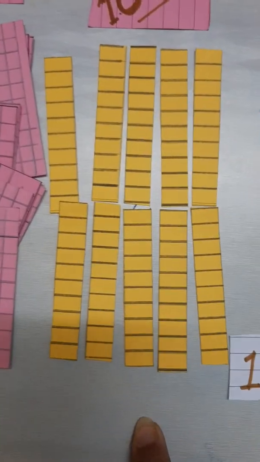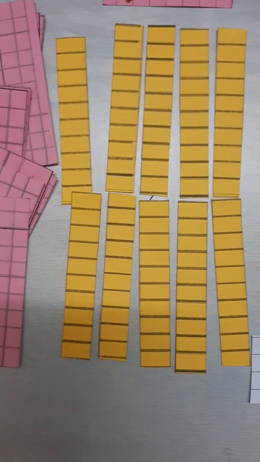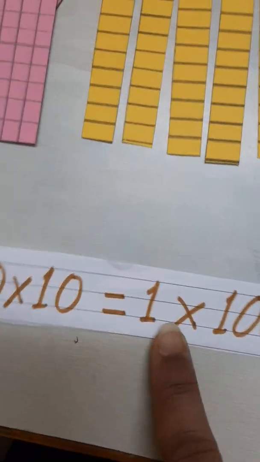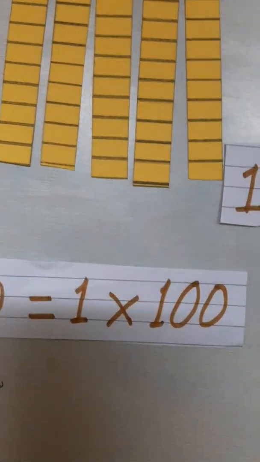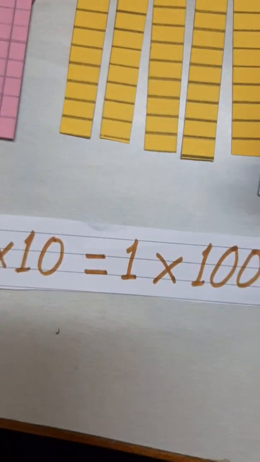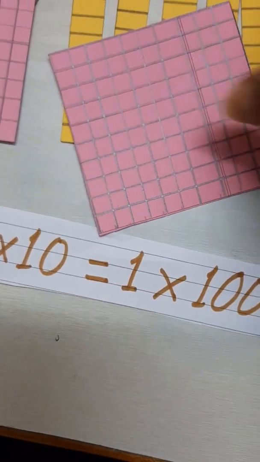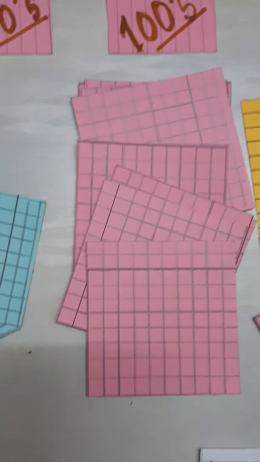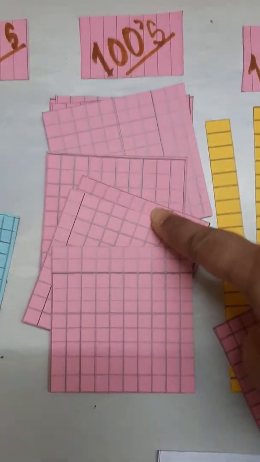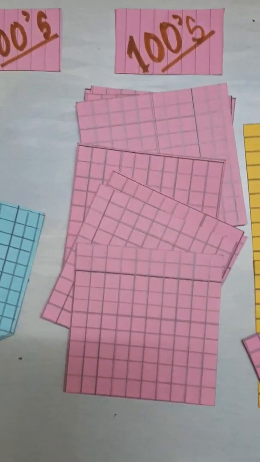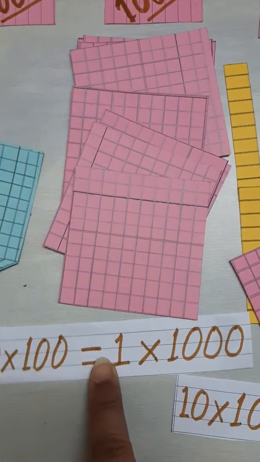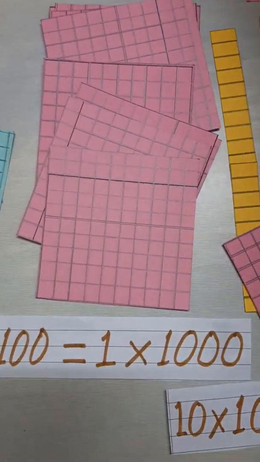Now here these are 10 tens, and 10 tens is equal to 1 hundred. 10 times 10 is equal to 1 time 100. Now these are the hundreds blocks. I have 10 hundreds over here, and 10 times 100 is equal to 1 time 1000.